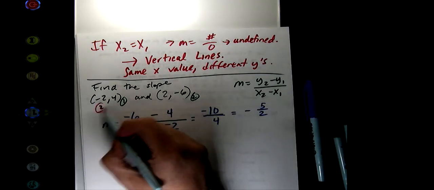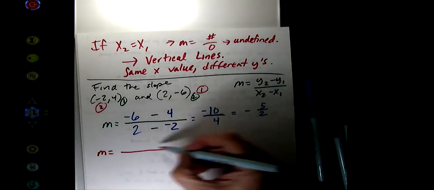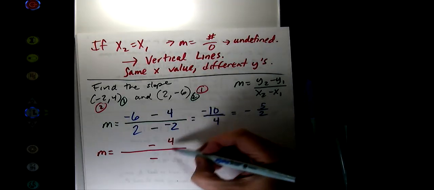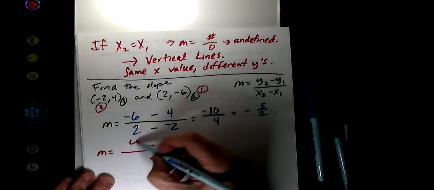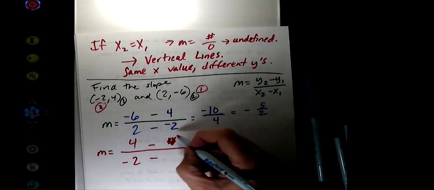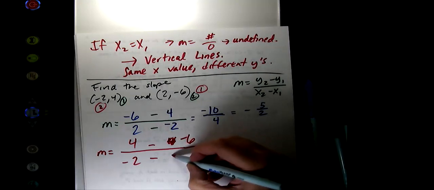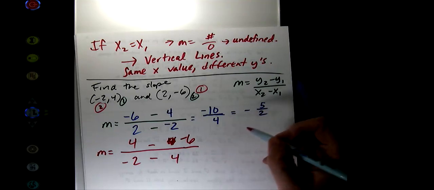Let's change it up. Let's call this point 2 and this point 1. I have 4. Y1 is -6 and y2 is 4. Did I mess this up?